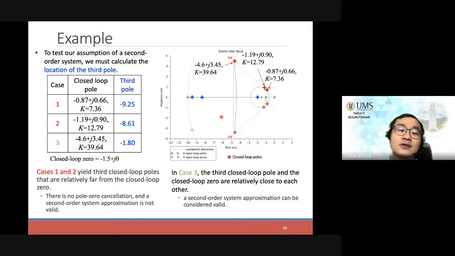Therefore we would say that when k equals 39.64, this approximation of second order system would be considered valid, better.